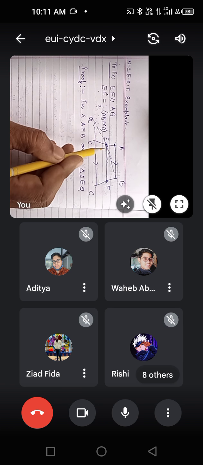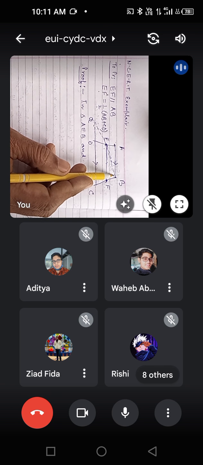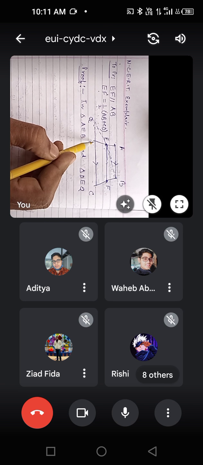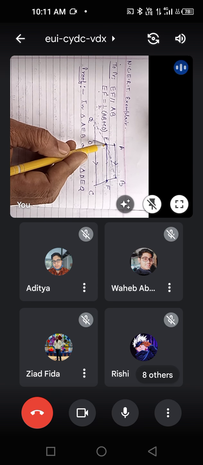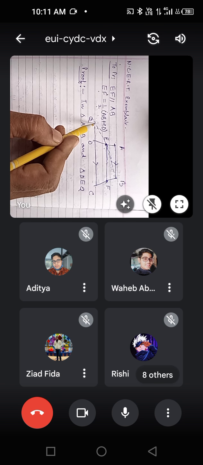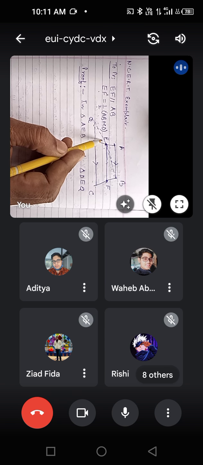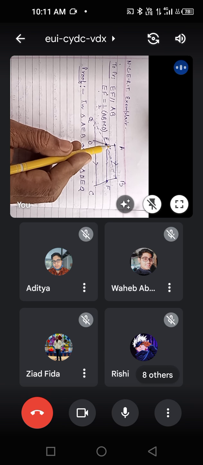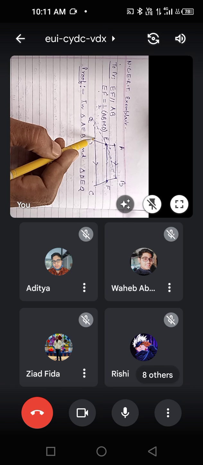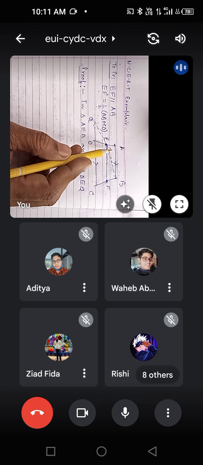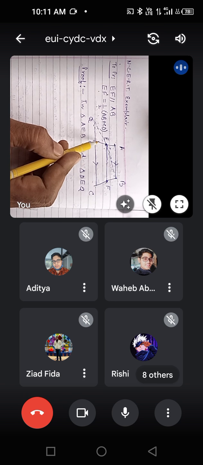AEB and DEQ. You see this and this are vertically opposite angles. This is the midpoint, so these two sides are equal, and these are alternate angles. Check vertically opposite angles, alternate angles, and this side is equal to this side.